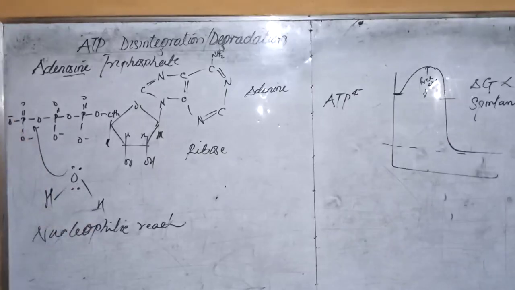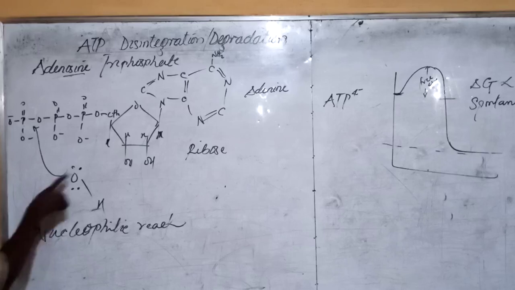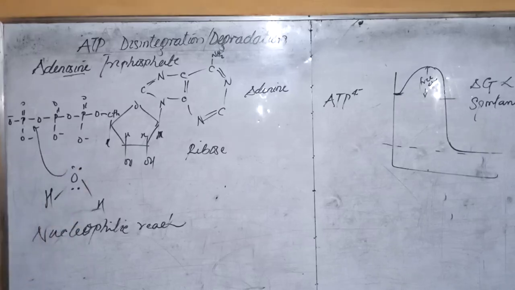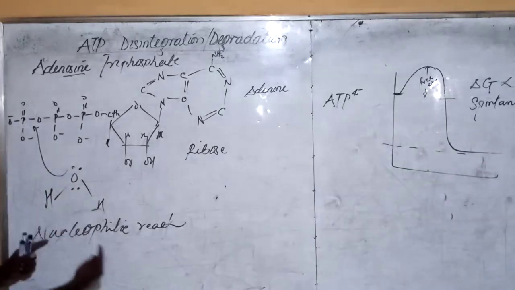Now you ask yourself, because this OH minus is negative, how is it able to attack? The water molecule is partially negatively charged, because this oxygen has a higher electronegativity value, so it's going to draw electrons to itself.